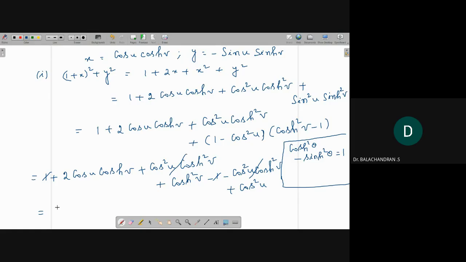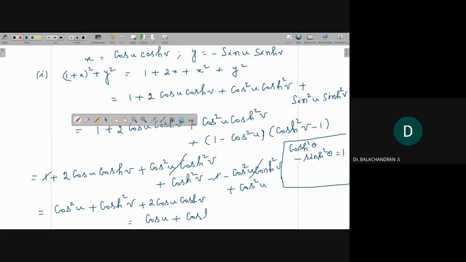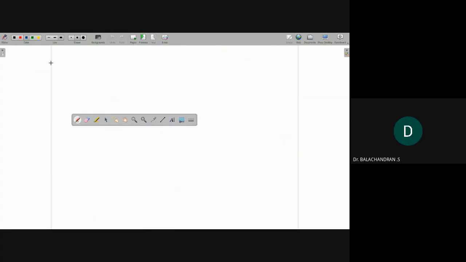Cos square u plus cosh square v plus 2 cos u into cos hv. This is nothing but a square plus b square plus 2ab. So (cos u plus cos hv) whole square. So similarly, subdivision 2.